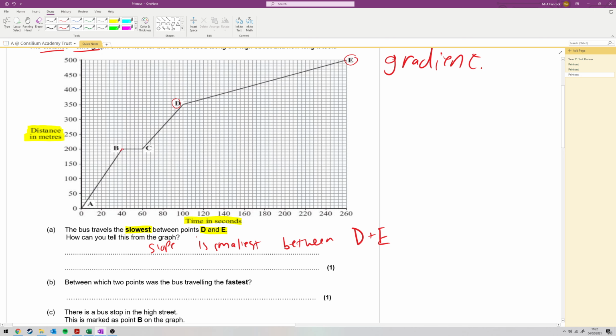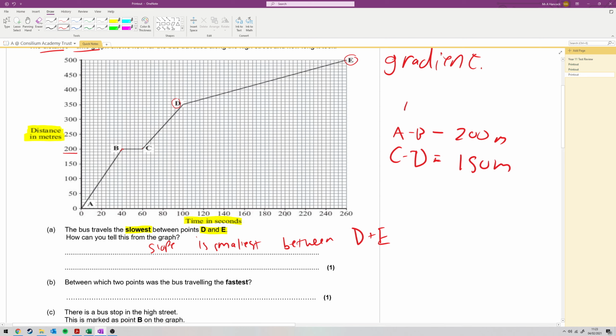In 40 seconds, the first one, so let's say A to B, they travelled 200 meters. In C to D, in 40 seconds they travelled from 200 to 350. So they only travelled 150 meters.